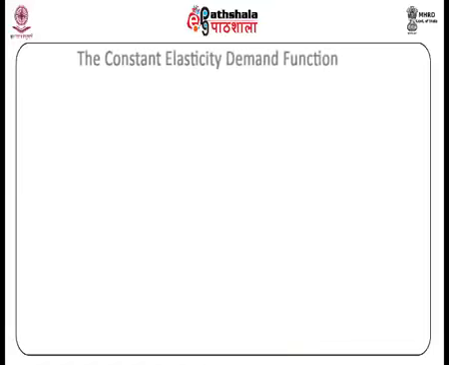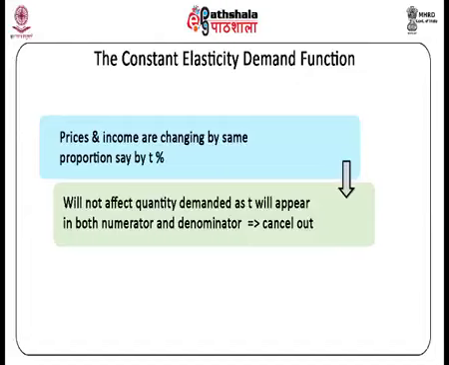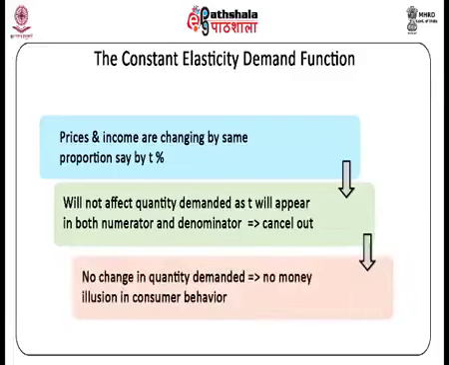Here, it is obvious that if prices and income are changing by the same proportion, say by t%, this change in income and price will not affect the quantity demanded, as t will appear in both numerator and denominator of the real income and relative price and thus cancel out. There is no change in quantity demanded. It implies that there is no money illusion in the consumer behavior.